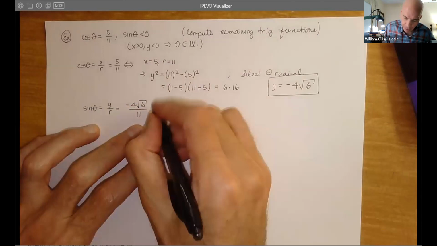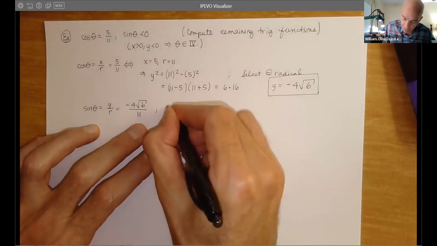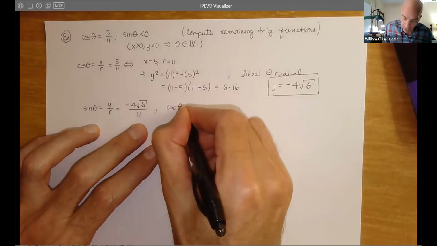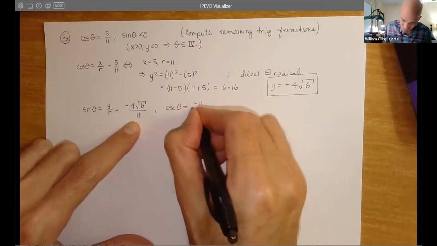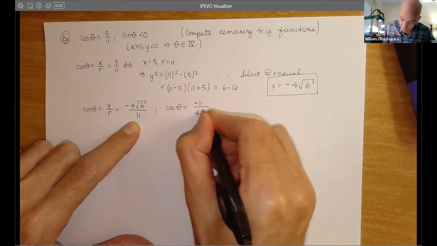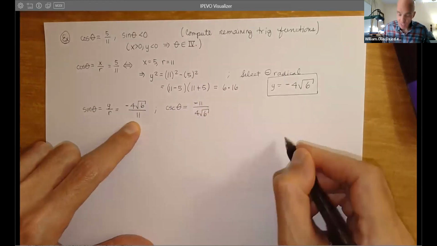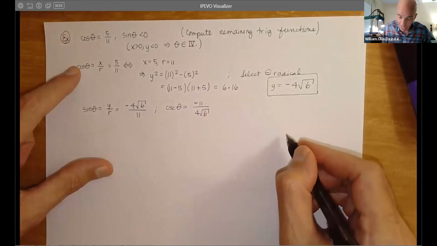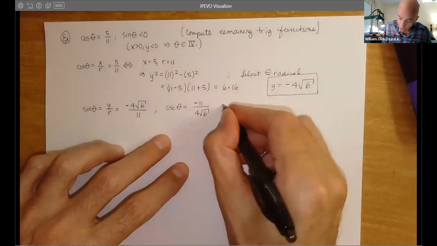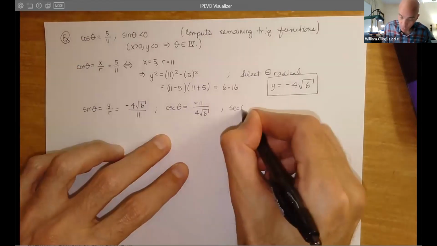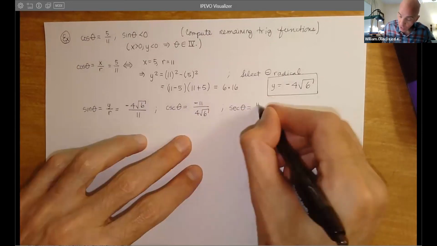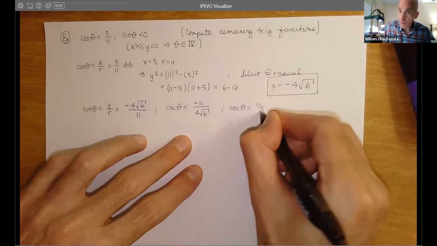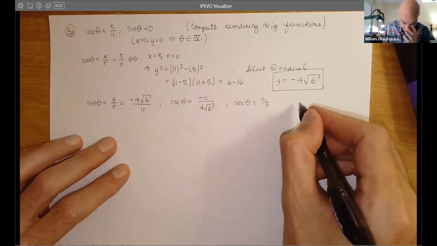And then cosecant of theta will be just the reciprocal. So negative 11 over 4 root 6. So that's pretty simple. Now we've got cosine, so we can get secant. So secant theta will just be the reciprocal of cosine, which is 11 over 5. So though some things are a little different, most everything is the same.